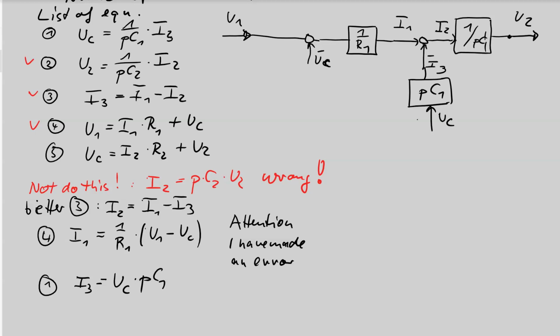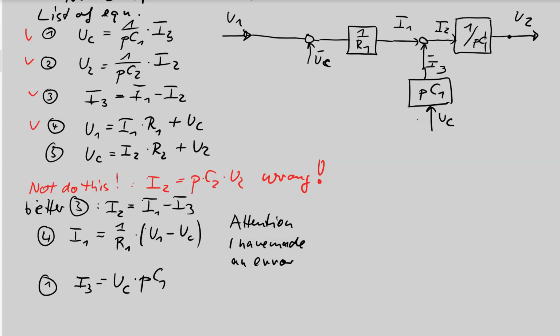Two inputs UC is no problem, but of course now I have to mark this, and UC is now delivered with equation 5, and this is already solved to UC, so I can now use equation 5 to get UC. Equation 5 uses I2, which is available, and U2, which is available.